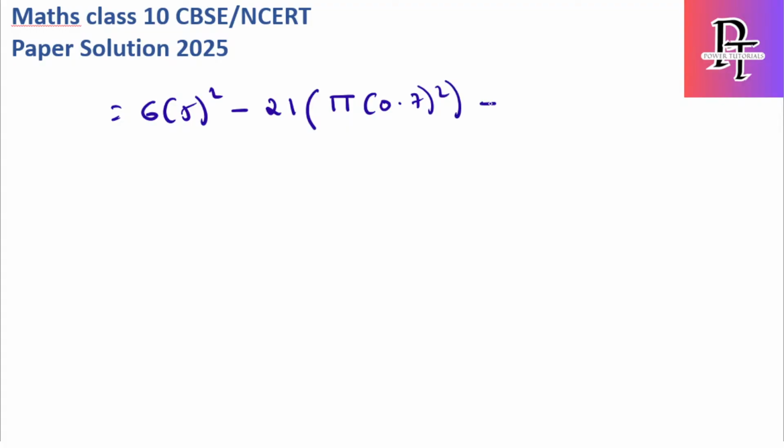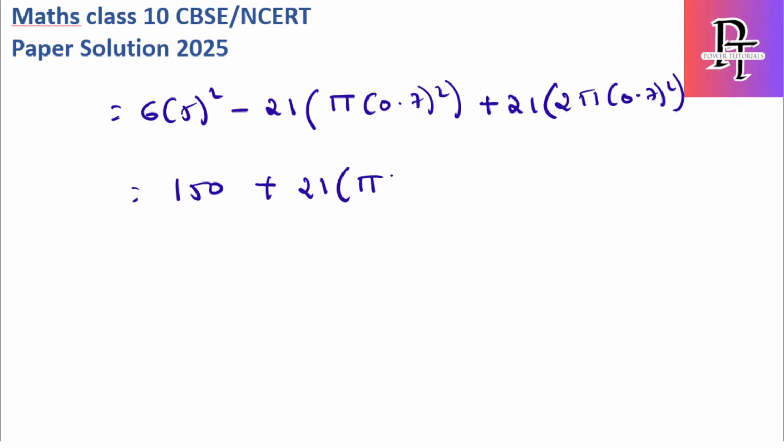So 0.7 square, plus 21 into the TSA of the hemisphere, which is 2 pi r square, so 2 pi into 0.7 whole square. So this becomes 25 into 6, 150, minus 21 pi into 0.7 square, plus 21 into 2 pi into 0.7 square.